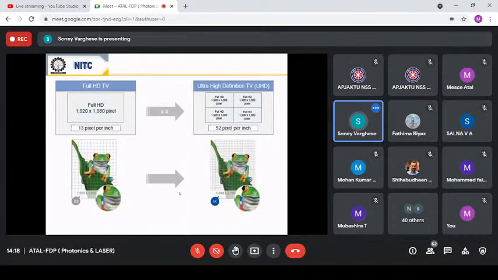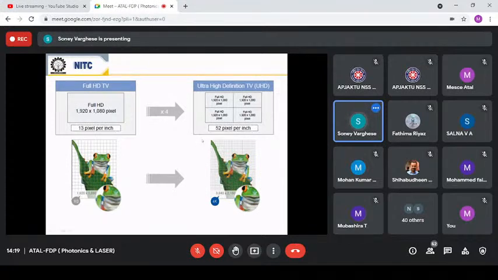So you can see also the number of pixels per inch. We call it PPI, pixels per inch. You can see the full HD televisions, this is the pixel. Usually it is around 13 pixels per inch, and for ultra high definition it has gone to 52 pixels per inch. That means the pixel size has reduced, right?